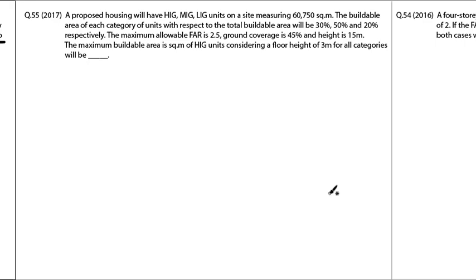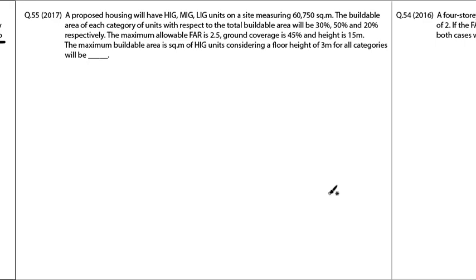So the maximum allowable FAR is 2.5, ground coverage is 45% and height is 15 meter. So the maximum buildable area in square meter for HIG units, considering floor to floor height of 3 meter for all categories, will be?